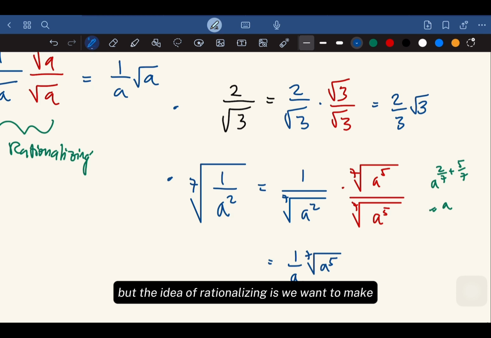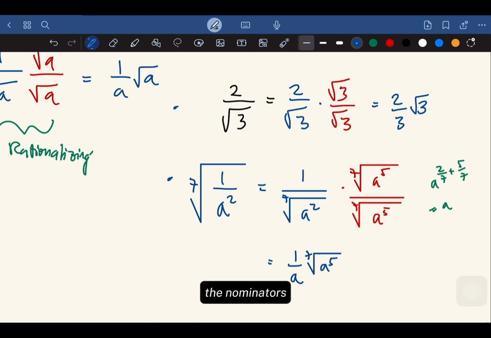But the idea of rationalizing is we want to make denominators without any radical. Okay, that's the rationalizing.